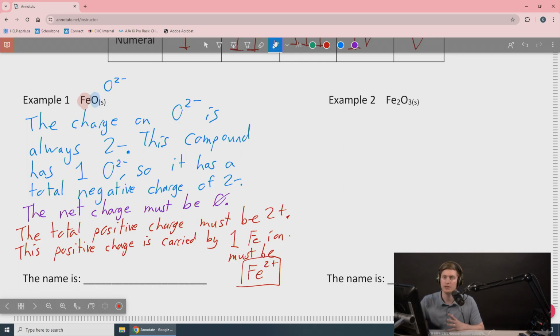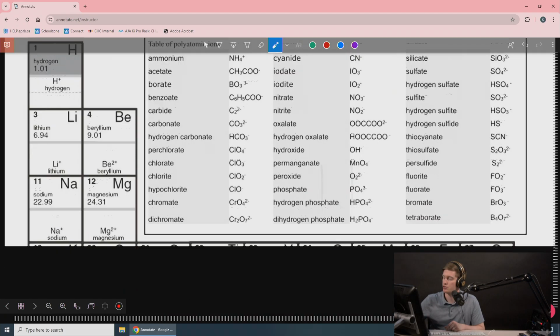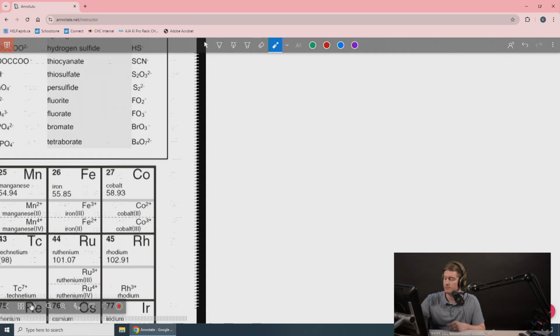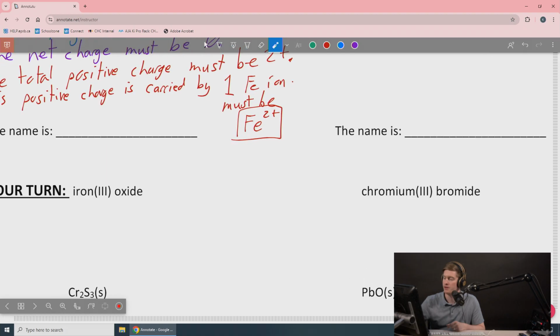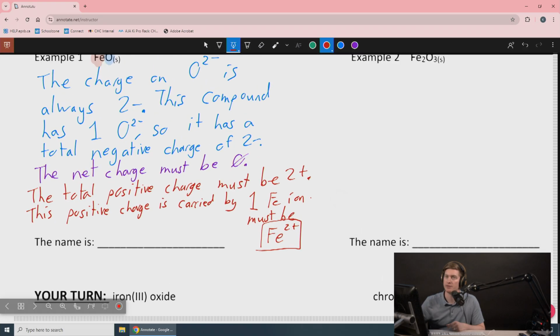A good thing to do at this point is to take a look at your periodic table. We think that the iron has a 2+ charge because there's always going to be a 2 negative charge. But if you're a little unsure, check to make sure that the charge that you've picked actually exists. Iron can have 3+ or 2+, so we're good. When we're naming this ionic compound then, we are going to tell the reader which type of iron we have.